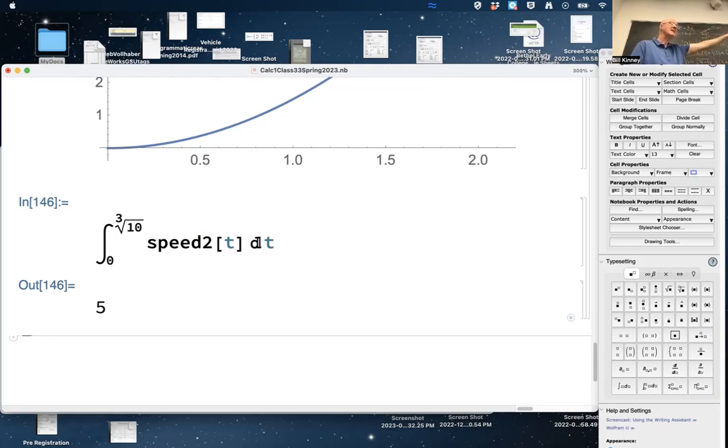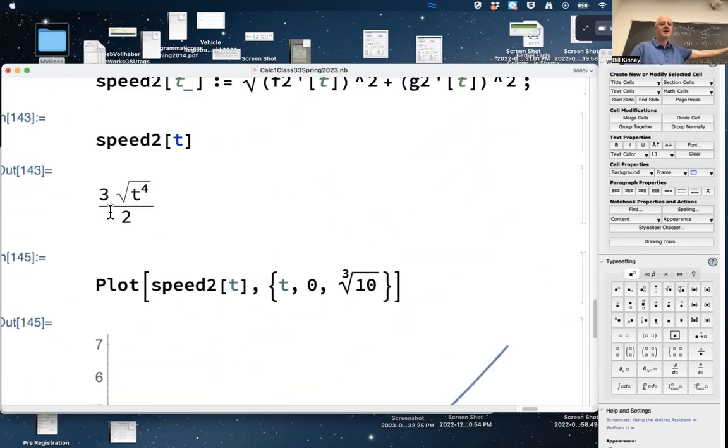How do you find it without a computer? You use the fundamental theorem of calculus. You do an indefinite integral first. You find an antiderivative of effectively 3/2 t squared. You plug in the upper limit and subtract what you get when you plug in the bottom limit. I don't expect you to remember that right now.